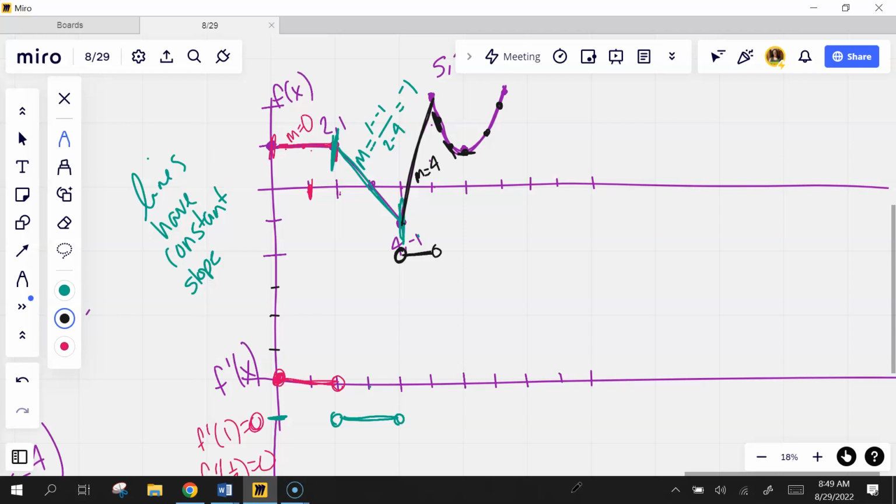Is it more negative or less negative as you move towards the vertex? And this looks like it could be maybe about -1, but that's going to be less than -1, right? It's getting steeper and steeper and steeper as it heads towards.